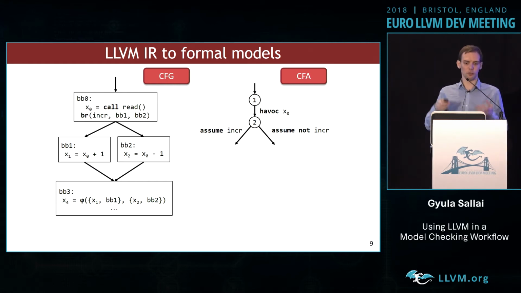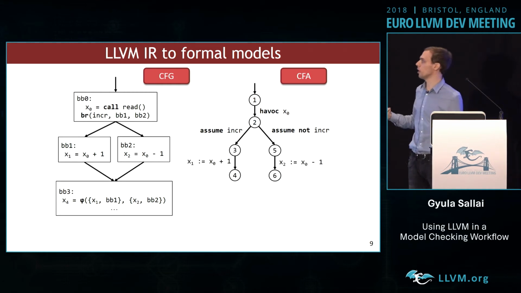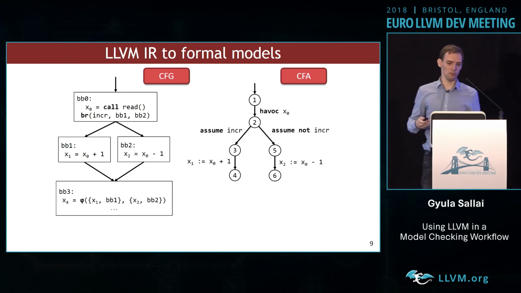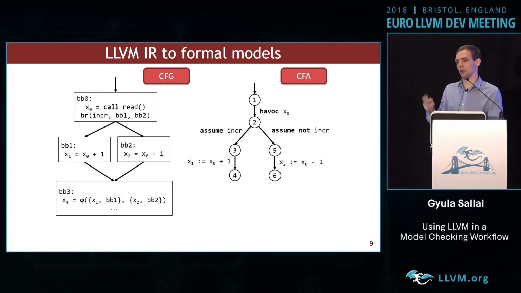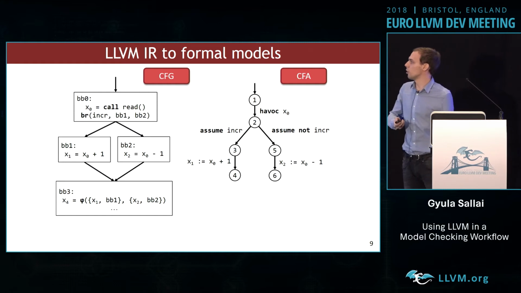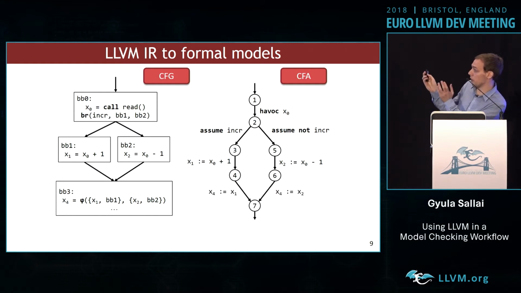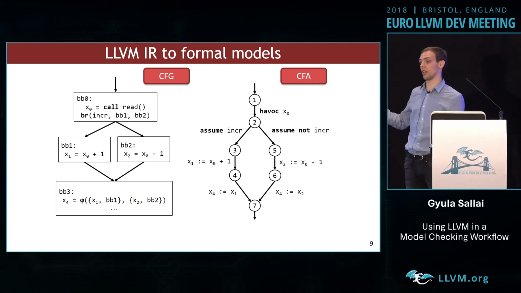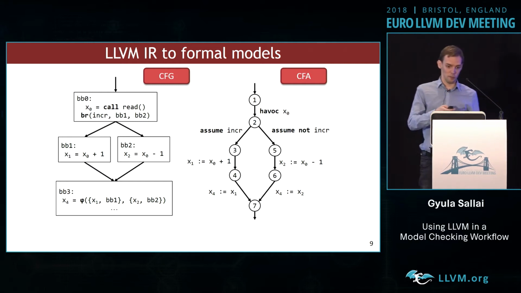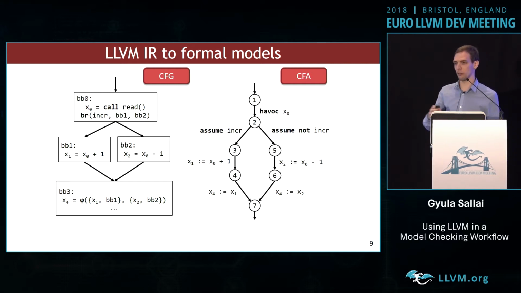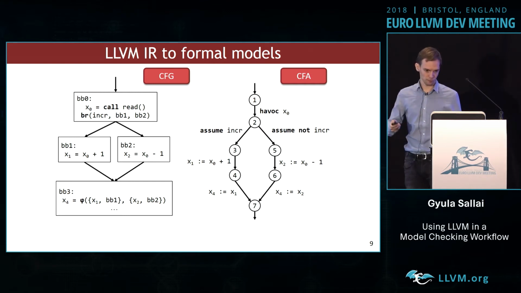And as for branches, of course, branch conditions become edge guards. All right, then we can continue the transformation as usual. Then we also have the problem of the merging point. Of course, this can be solved by placing the corresponding assignments of the phi node on the incoming edges of the merging point. And of course, this will be semantically equivalent to the effects of the phi node.